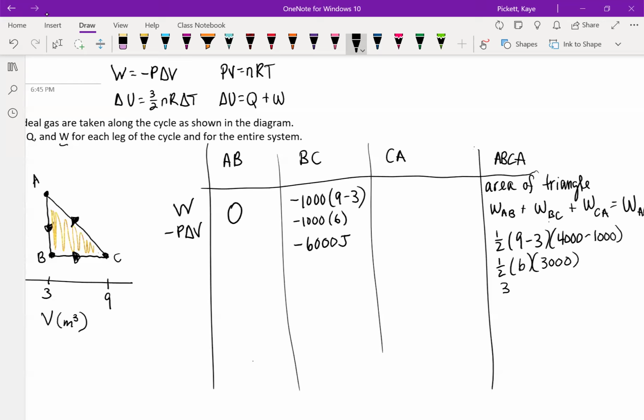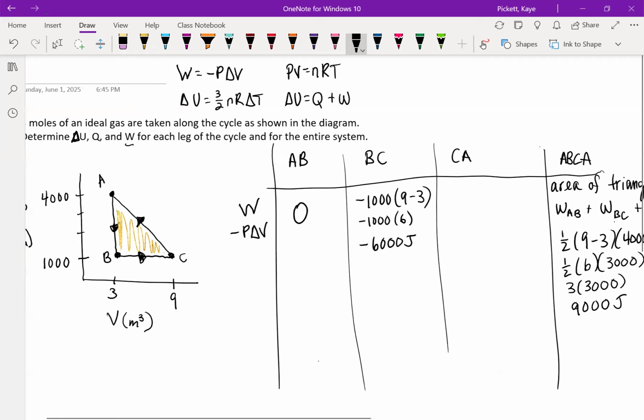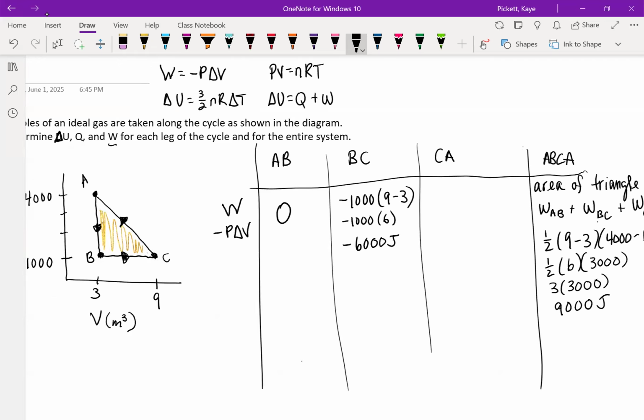That's 3 times 3,000, which is 9,000 joules. That's a positive number. Since the leg on the bottom is negative, that's expanding, the leg on the top going the opposite way with the compression of the volume has got to be positive. I'm moving in a counterclockwise direction, so that work is positive. So that's 9,000 joules.